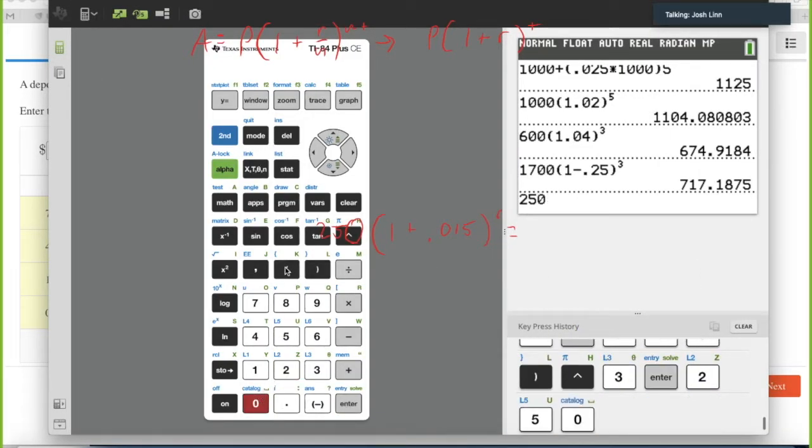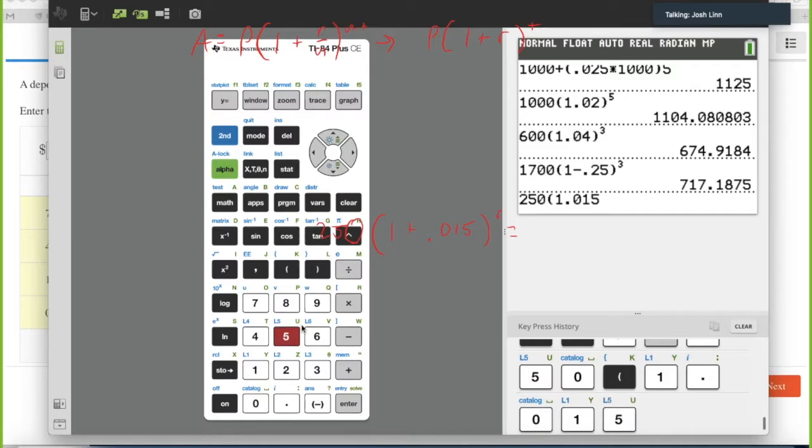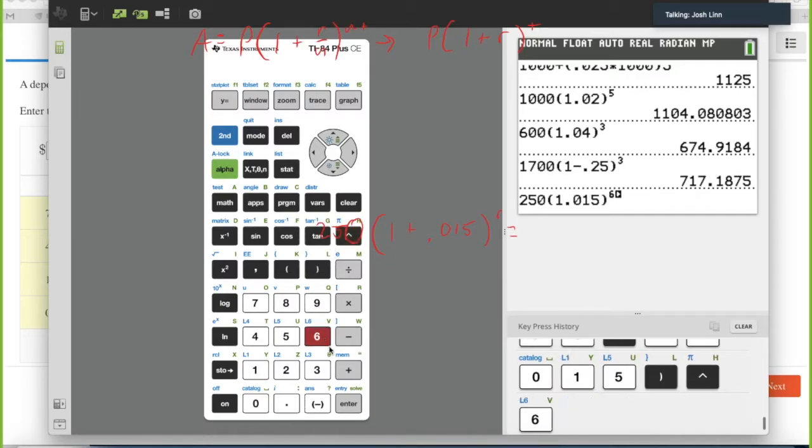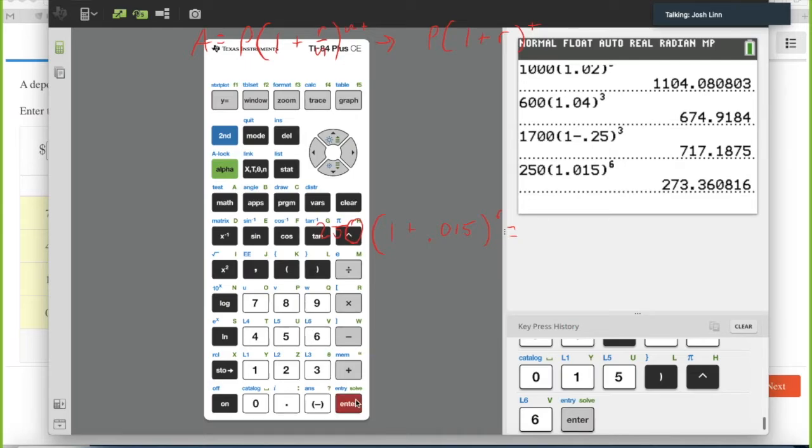250 times 1.015 raised to the power of 6 equals the answer. 273.36.